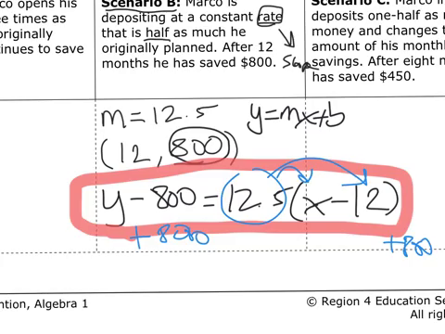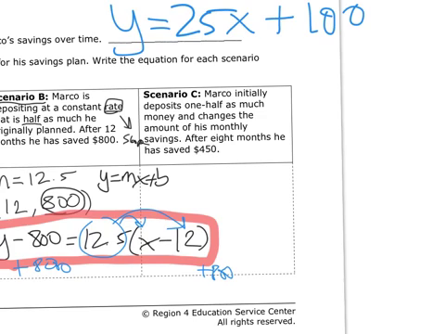As a hint on scenario C, you're given both a point and the y-intercept, but you're not given the slope. You can still solve for it.